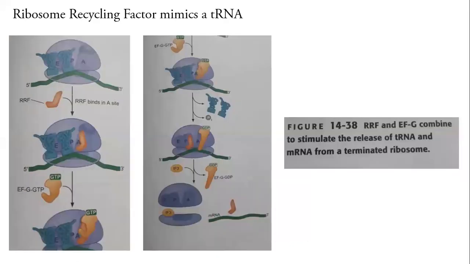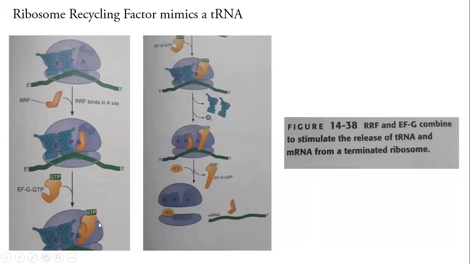The ribosome recycling factor now comes into action, and it basically mimics a tRNA. The ribosome recycling factor binds in the A site, and because it is mimicking the tRNA, elongation factor G with GTP now comes and sits onto the factor binding site.